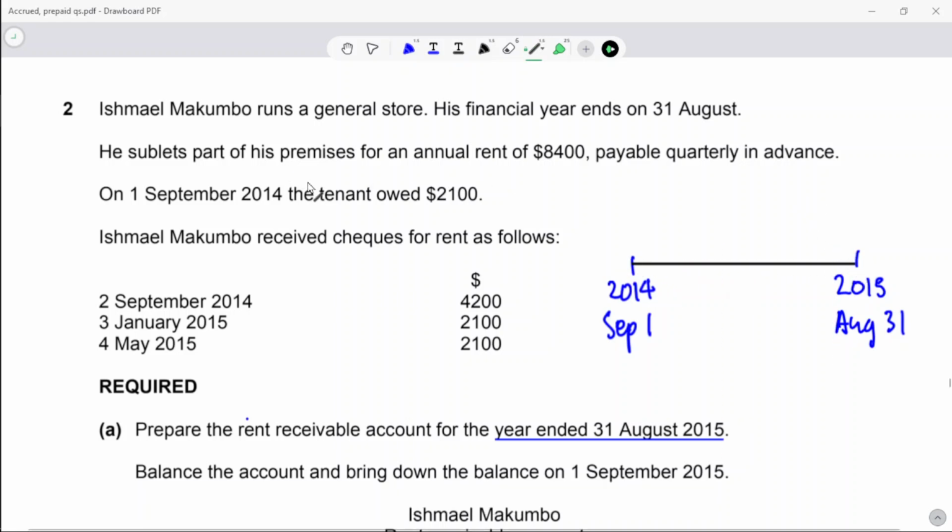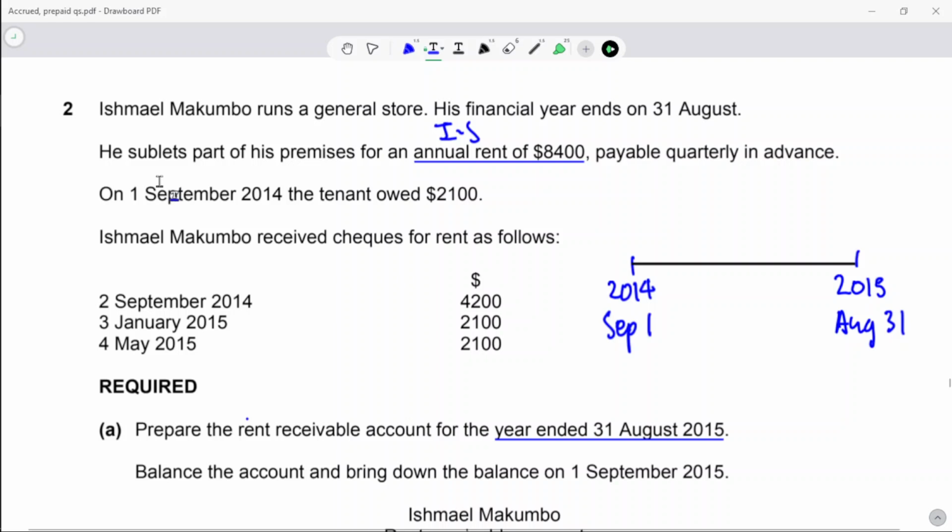You can see this one is an annual rent. The hint for you is the income statement.